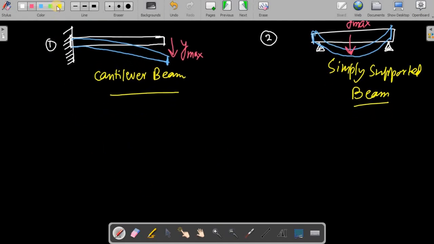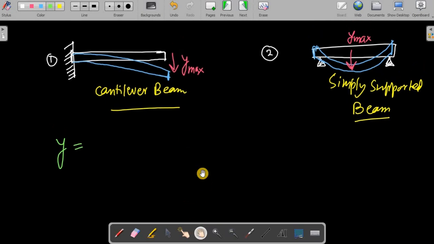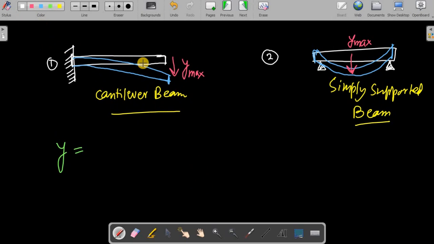Let us write about this deflection formula. In general, the deflection formula for the cantilever beam, we can write y is equal to the weight. So it will have some weight or some kind of load. What do we consider here? Its own weight or some external load? I think here we need to consider the beam as massless.